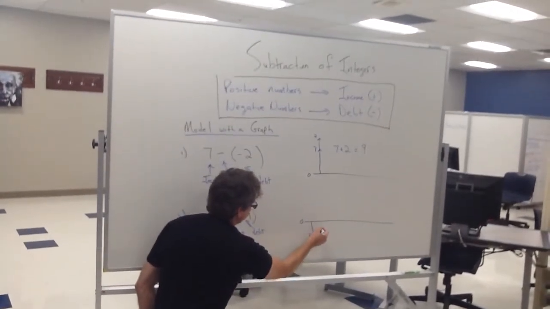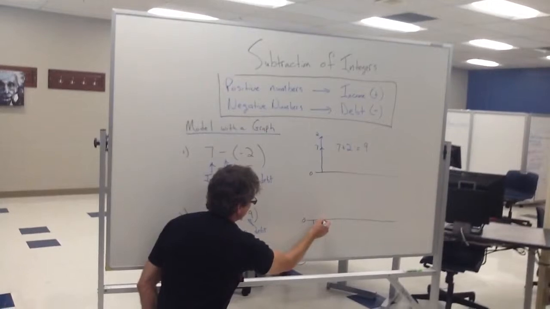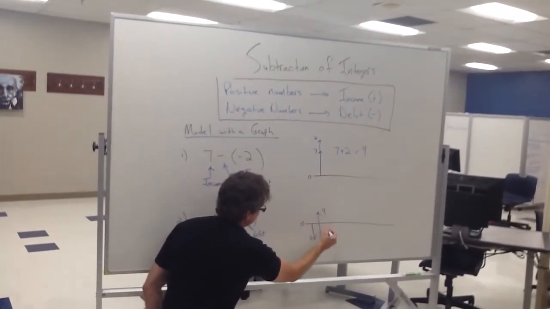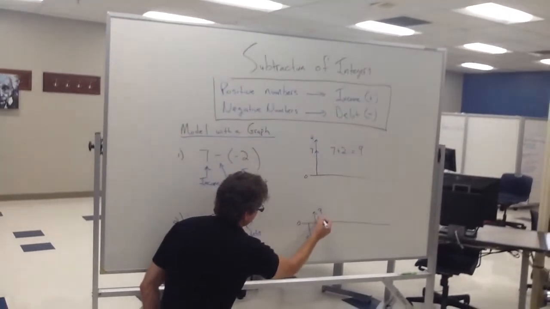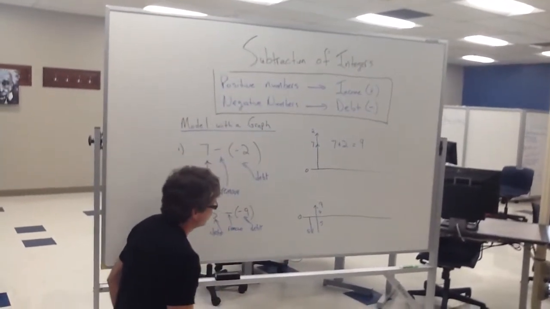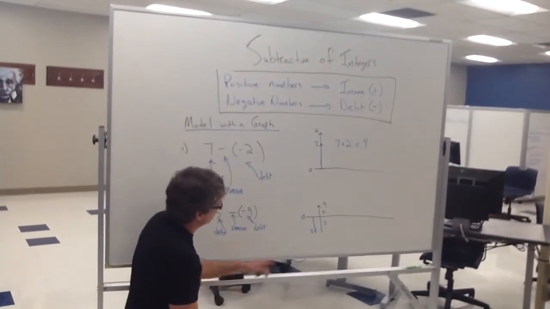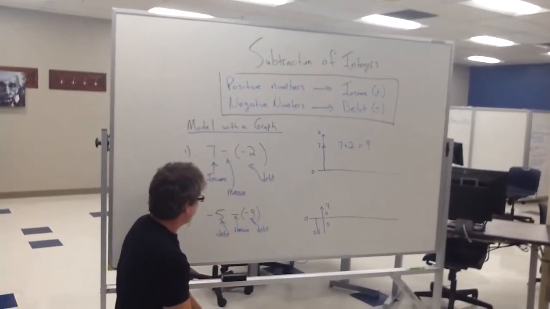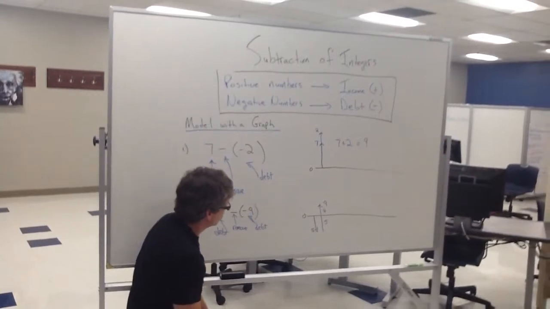So again, notice that if I go to there, that's going to be a 5 and up a little bit more. So this 9 is actually going to be made up of a 5 and a 4. So based on this, my result is I should be at 4 above 0. So negative 5 plus 9 should be giving me a 4.